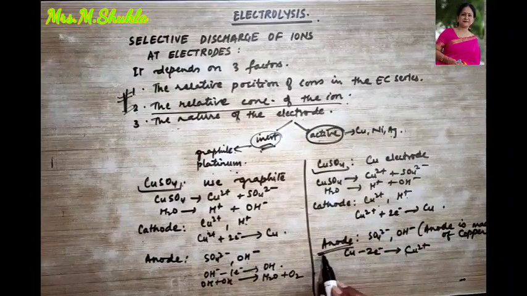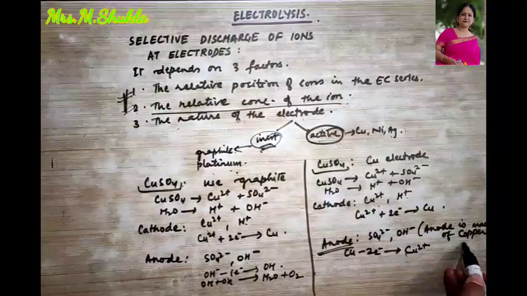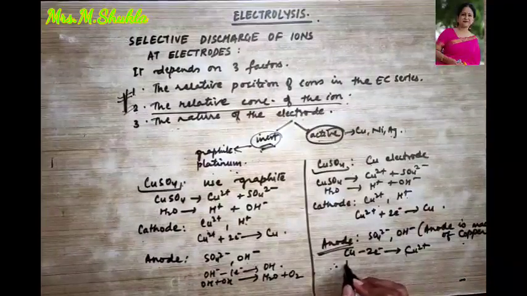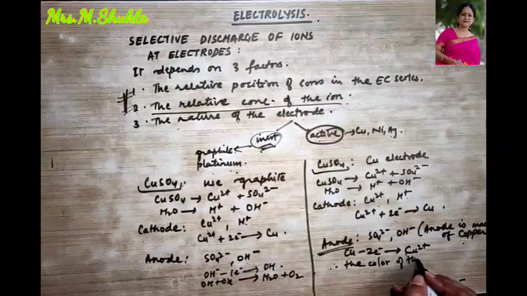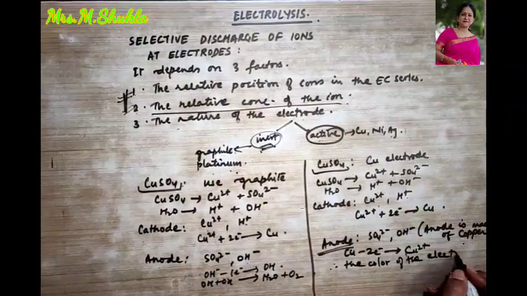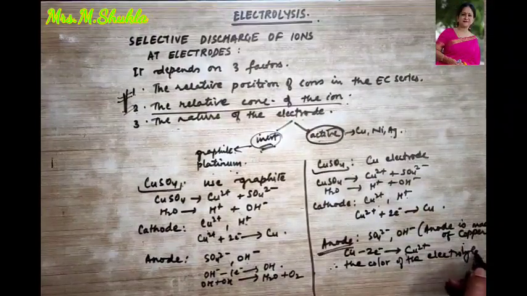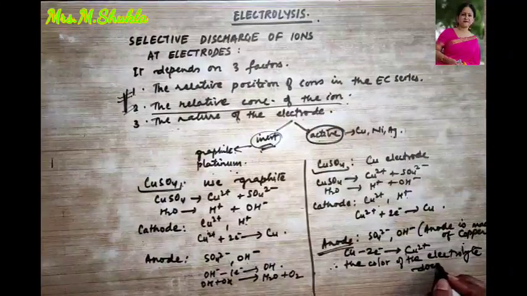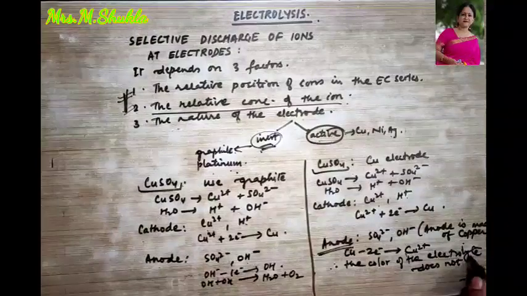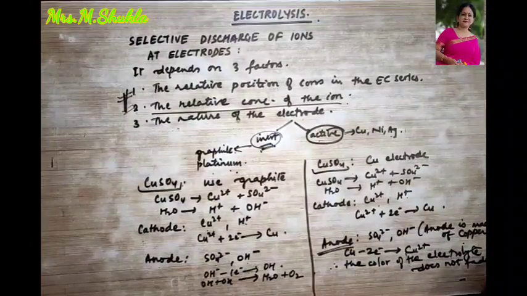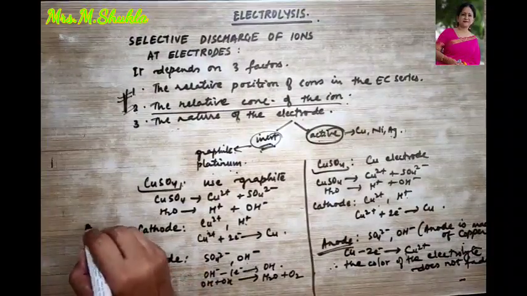But over here, since the anode is made up of copper, therefore the color of the electrolyte does not fade. It remains blue. Over here what happens?